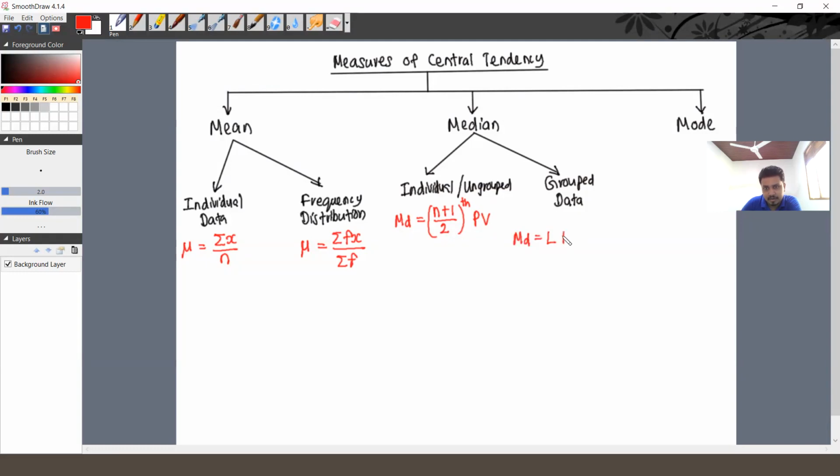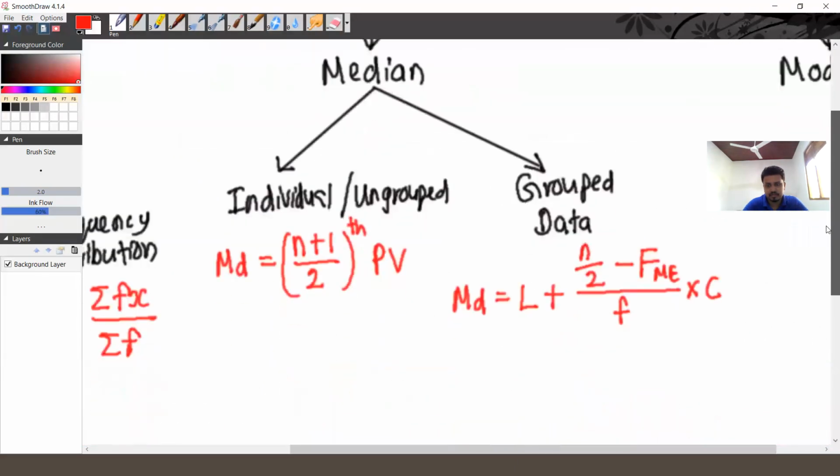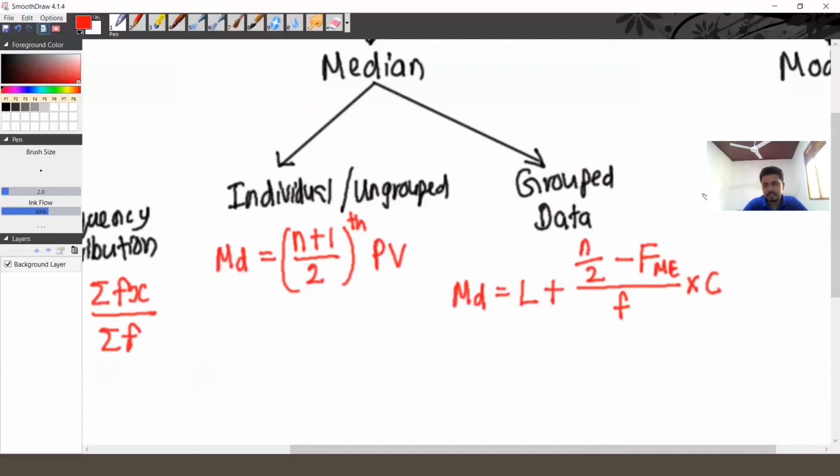Capital L plus N over 2 minus capital F ME divided by simple F into C. That is a separate term, plus this is a separate term, right?